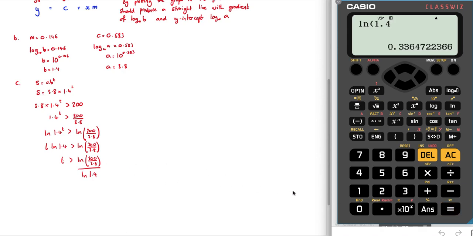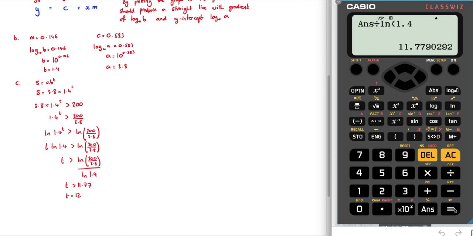And then ln of 200 divided by 3.8, that's also positive. So if we just do the calculation, we get that t is greater than 11.77 years.